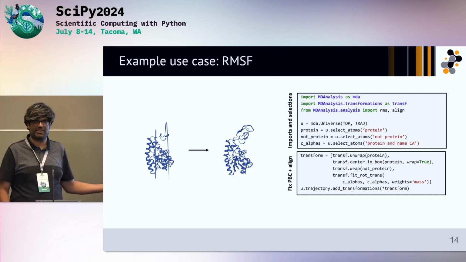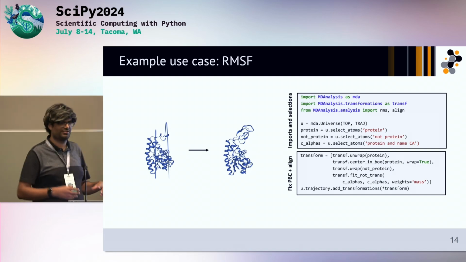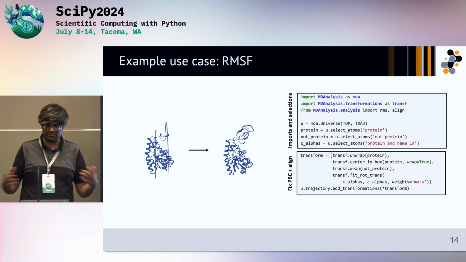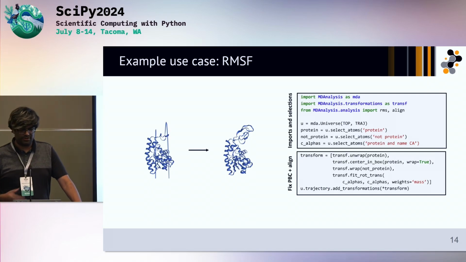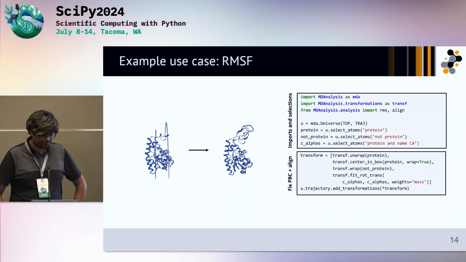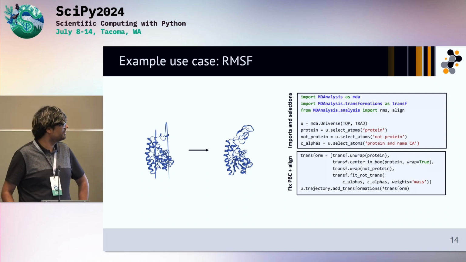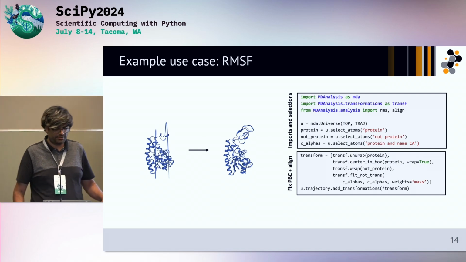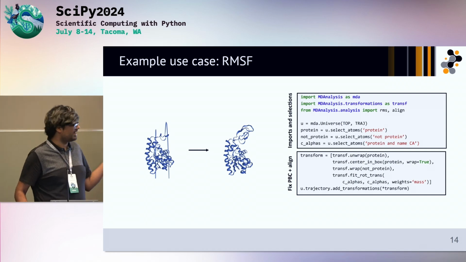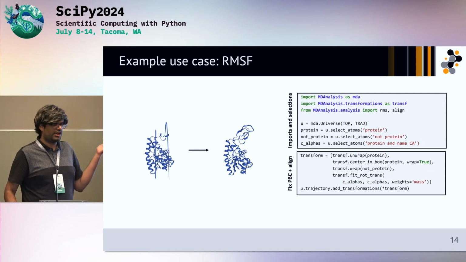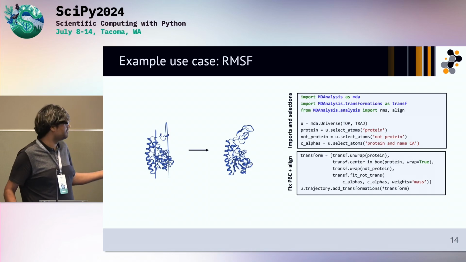because when we do an RMSF, we might want to look at our alpha carbons, because the way in which they fluctuate is a good representation of the backbone of each residue in your protein. In this particular case, we have a trajectory with periodic boundary conditions, and our coordinates have crossed the periodic boundary.